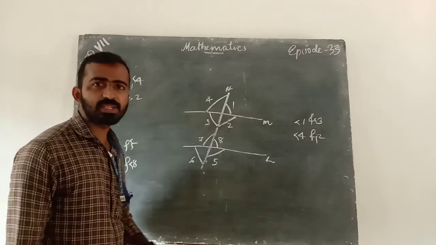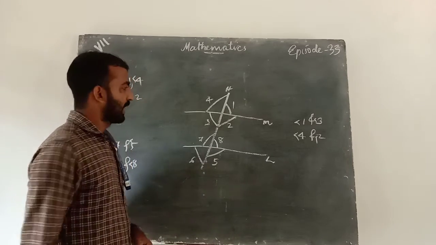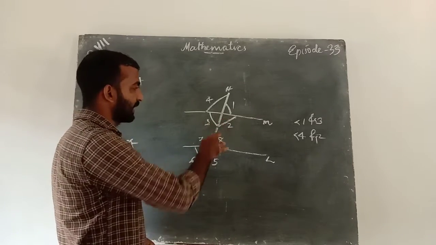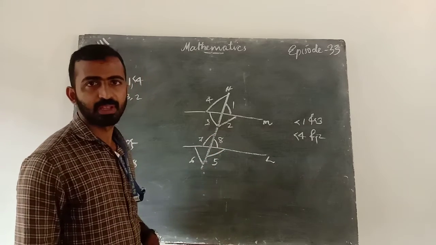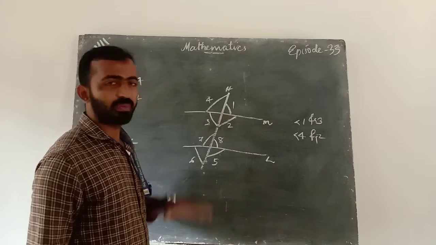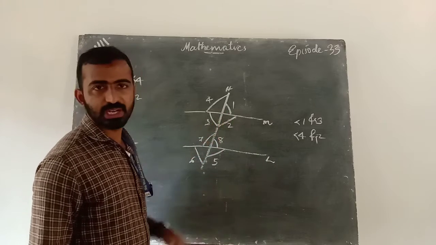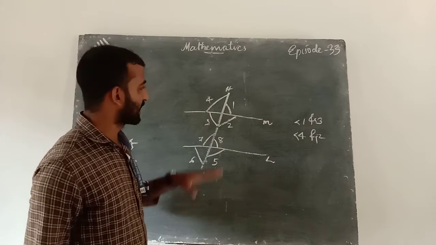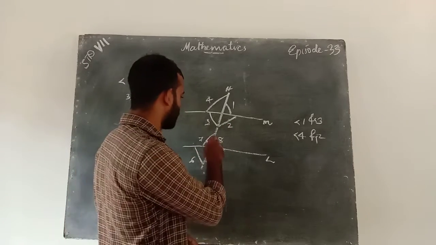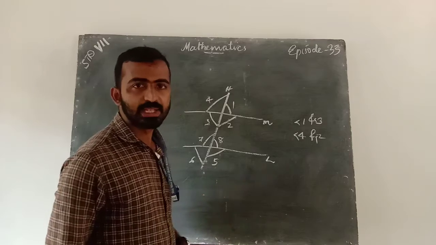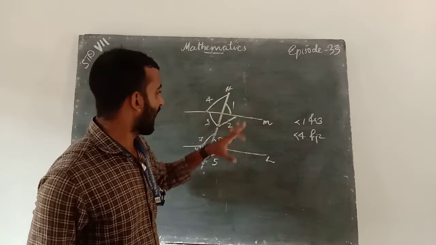And next we are going to discuss angle 2 and 8. Angles 2 and 8 are on the same side of the transversal line. Angles 2 and 8 are same side interior angles.